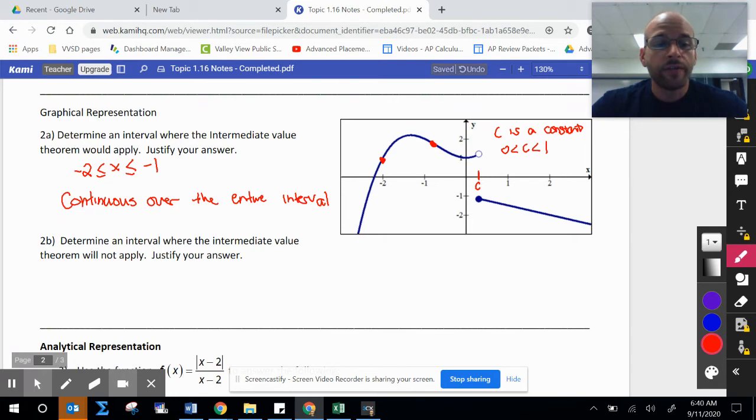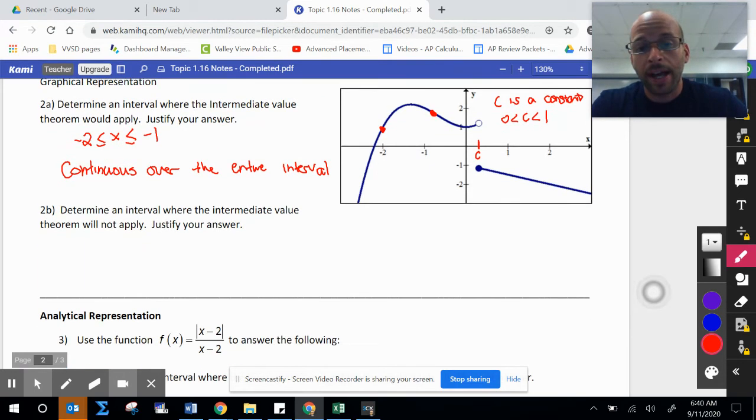Now, what's an interval where the intermediate value theorem does not apply? Well, I'm just going to keep this simple. I'm going to say from -1 all the way to 1.